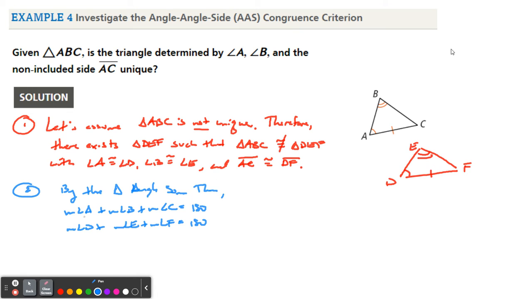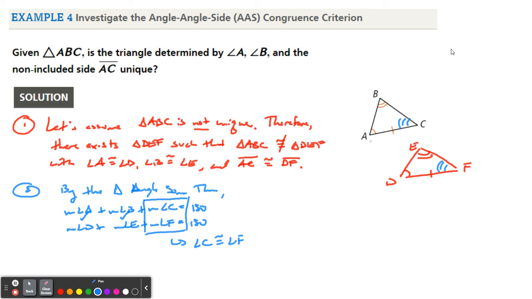Angle A and angle D are congruent, so they're the same. Angle B and angle E are congruent, so they're the same. So what that means is that angle C and angle F would also have to be congruent. Sometimes this is called the third angles theorem for triangles. So I'm going to put 3 here and 3 here.